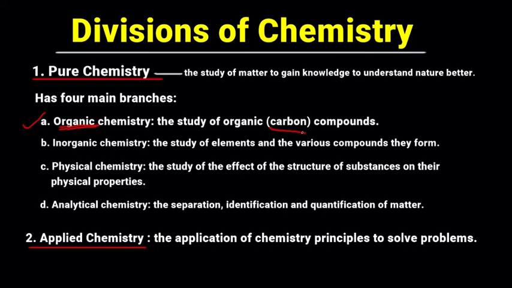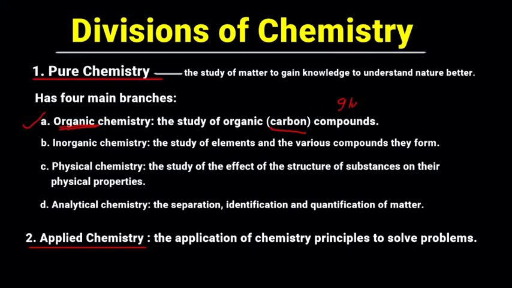So, organic chemistry is the study of organic or carbon compounds, where organic compounds are compounds containing predominantly carbon. Now, this is not to say that any compound made up of carbon is an organic compound. No. We'll talk about this later. But for now, I want you to know that the study of organic compounds is what we call organic chemistry.